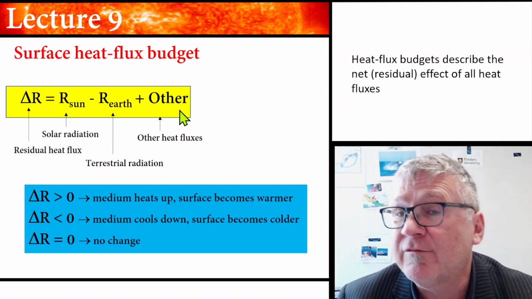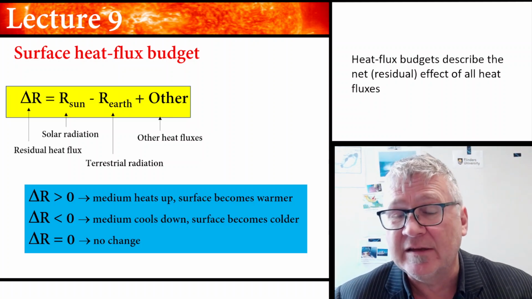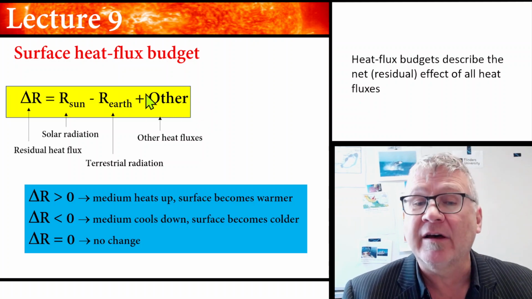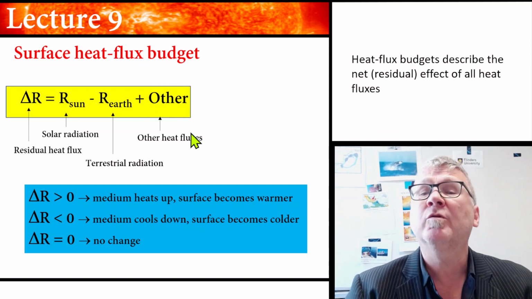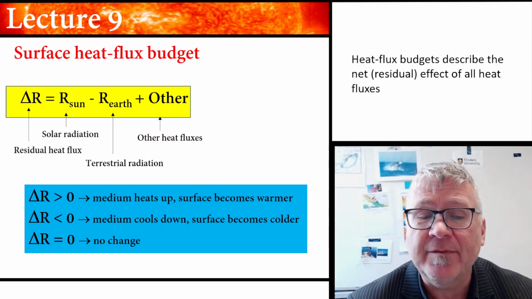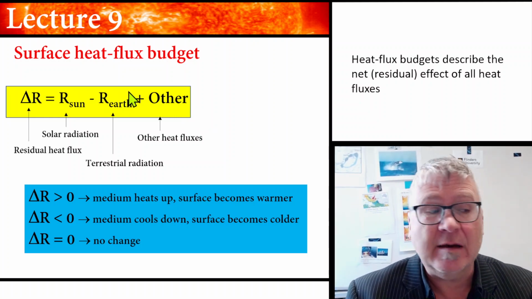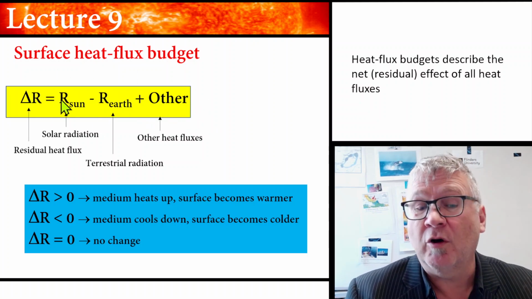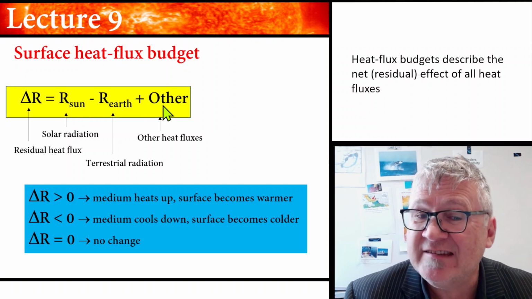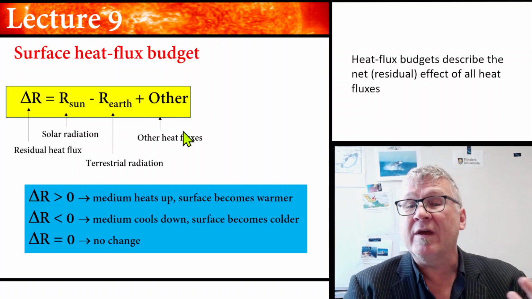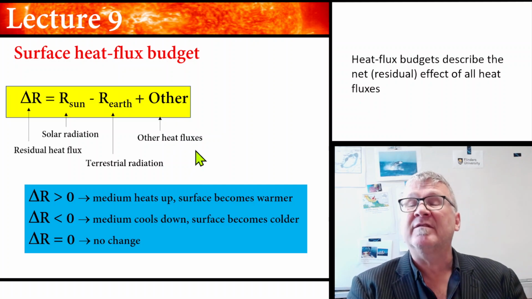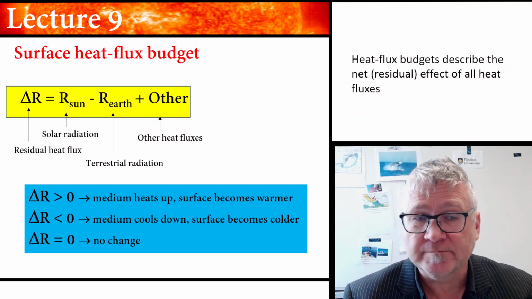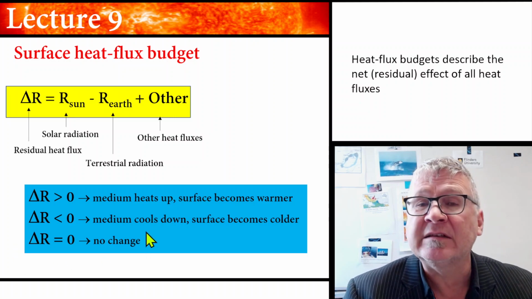And there can be other heat fluxes that we call latent and sensible heat fluxes, but we don't worry about it at all. We just call it other. Okay? All we want to know is what happens if the sum of these terms is positive, negative, or if it's zero. If it's zero, we have a balance, and zero means no change, no consequences at all. Okay, which is shown here as the last case.